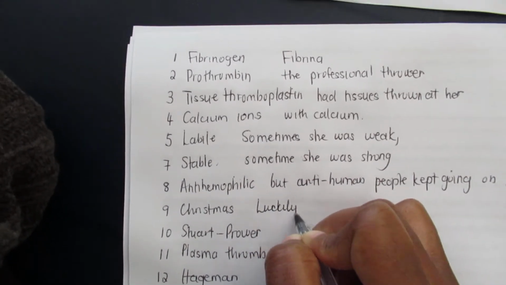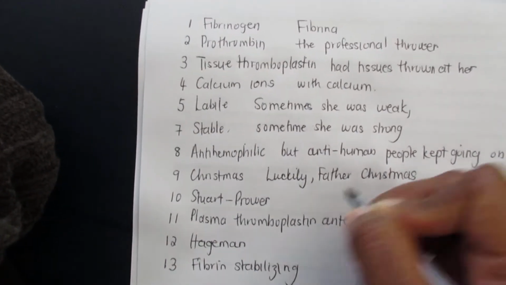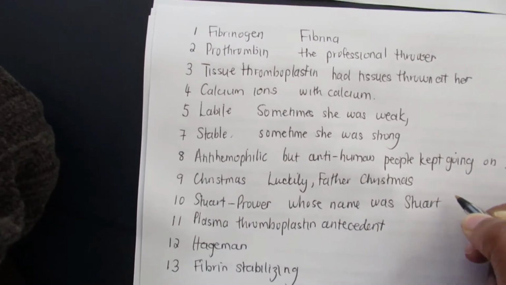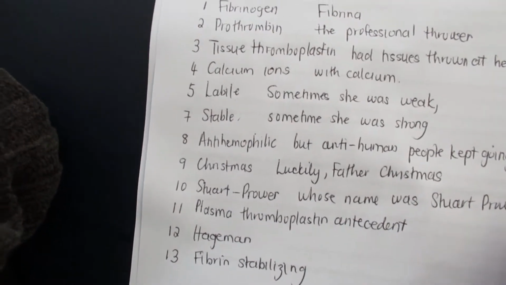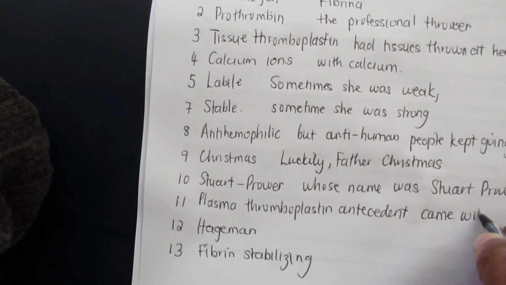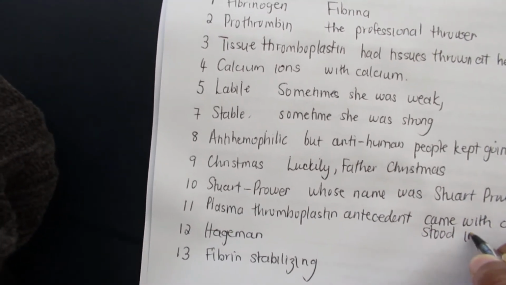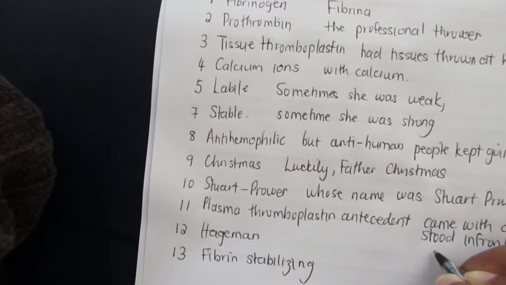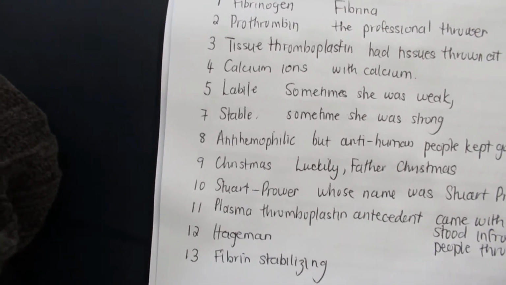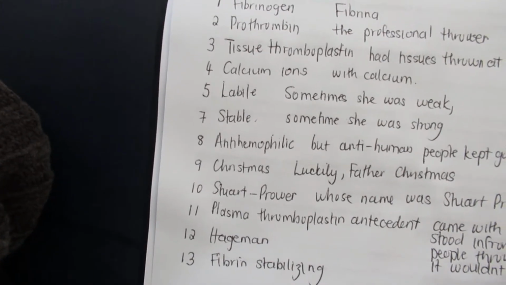Luckily, Father Christmas, whose name was Stuart Prower, came with a plasma TV, stood in front of the people throwing so that it wouldn't go anterograde.